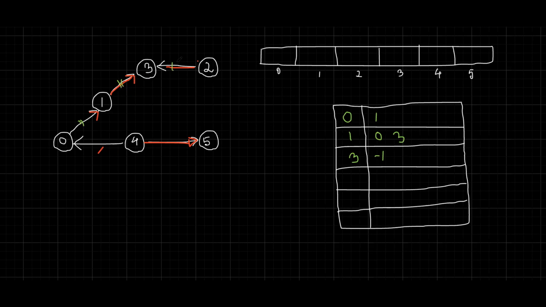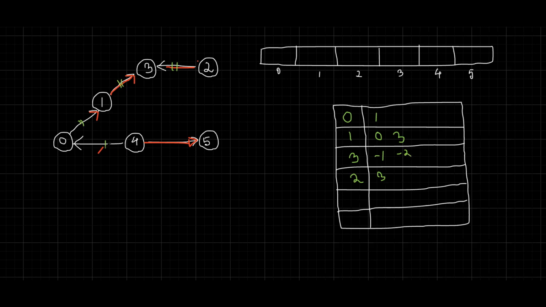Now, for this edge 2 to 3, we have to insert 3 in the adjacency list of 2, and we have to insert minus 2 in the adjacency list of 3.